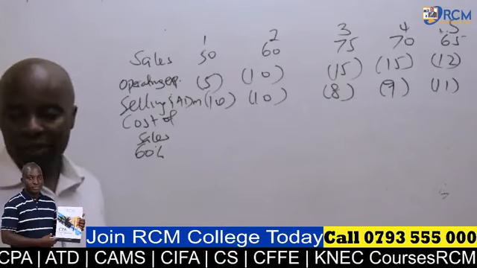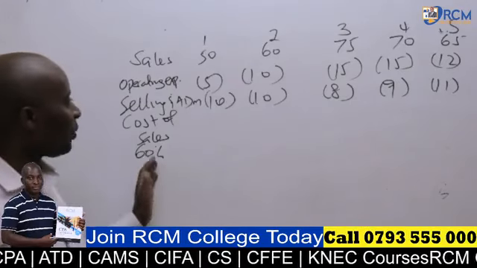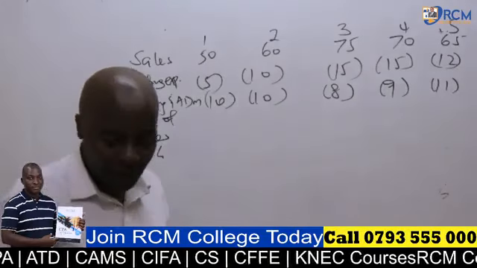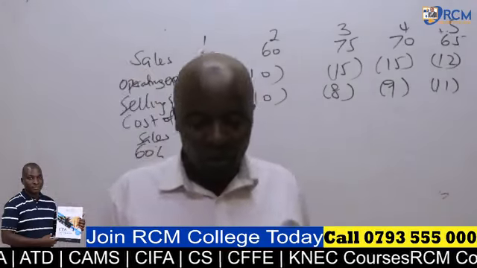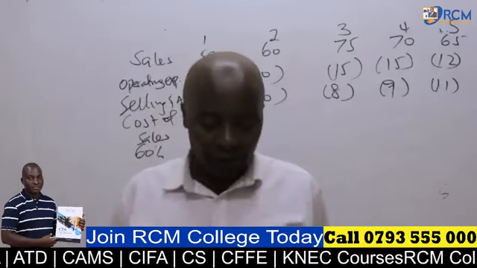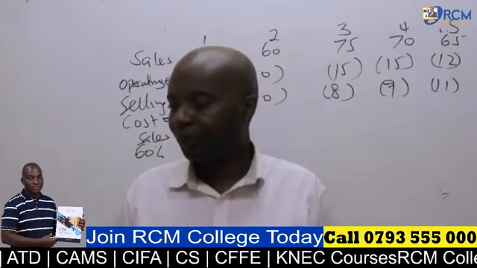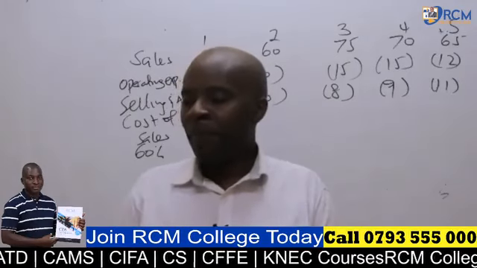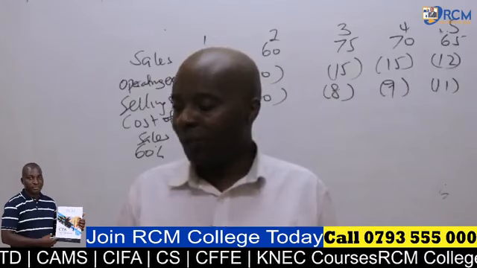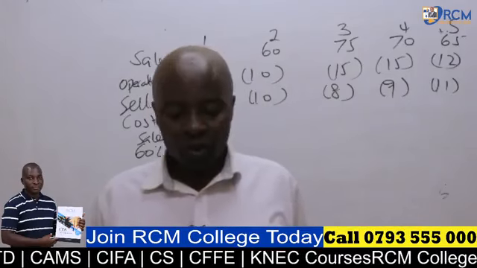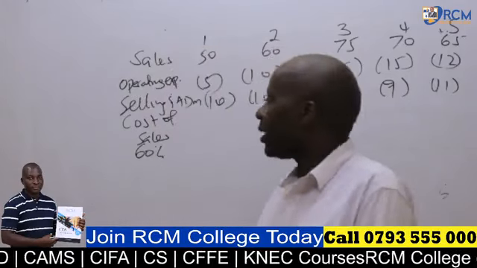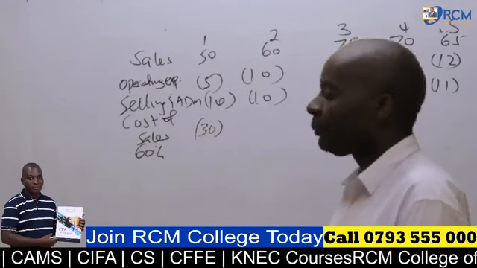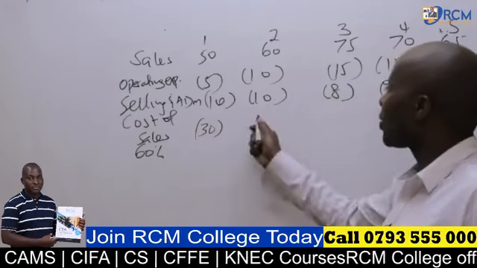So could you kindly give me this cost of sales, which is 60% of 50? Kindly give me the answers very fast. Remember, this is supposed to be your ball, not my ball. Mine is to capture all the expenses. So we have here 60%. The first one I'm being told is 30. 36.